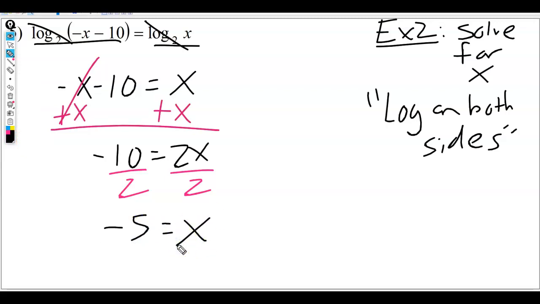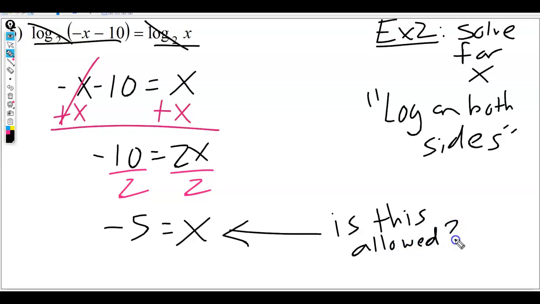However, before I circle that and call it my answer, so I'm not going to circle it yet, we have to check our work. Okay? Is this answer allowed? In other words, is that part of the domain? The answer is no, it is not, and I'll show you why.